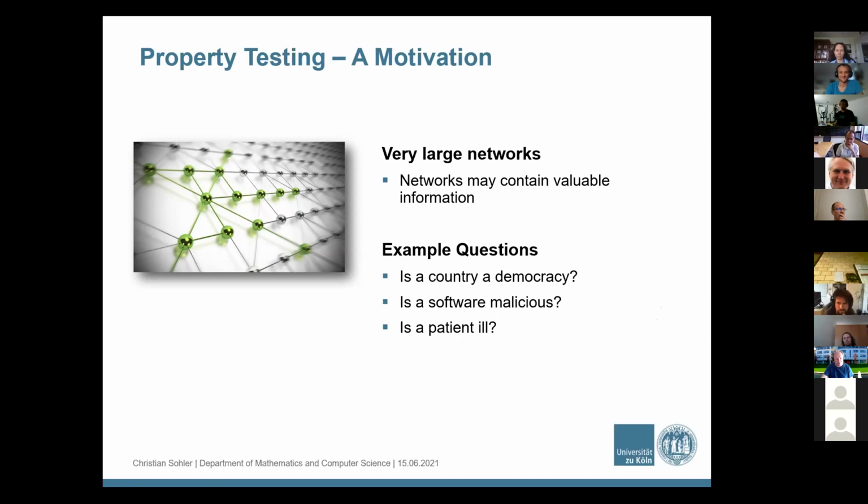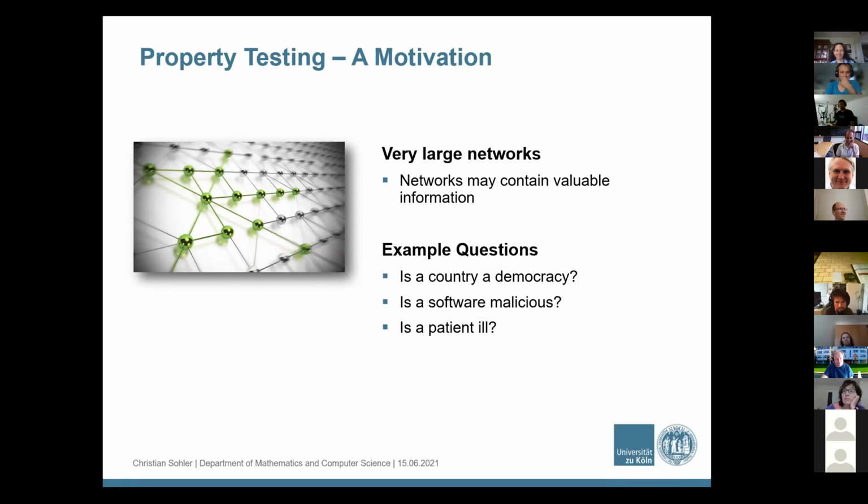In particular, if you think about social networks, these networks may contain valuable information. One example question I always give is whether you can decide, by looking at the social network of a whole country, whether this country is a democracy or a totalitarian country.